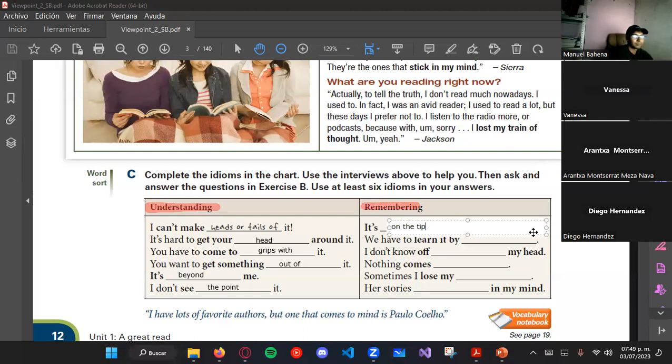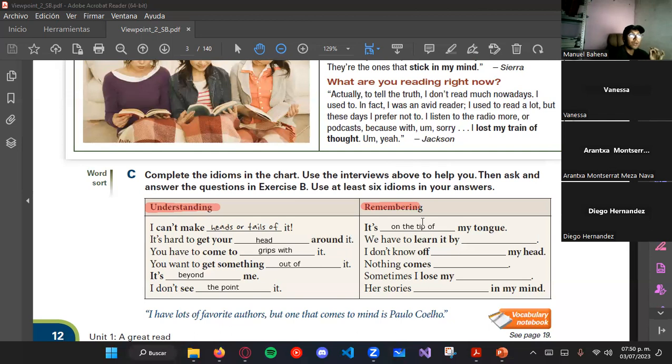Está en la punta de mi lengua, which means we want to say something, but we just can't remember it. We're ready to utter something, but we just can't remember it. Pero simplemente no lo podemos recordar. Y estamos listos para decirlo, pero no lo podemos recordar. That's why we say, it's on the tip of my tongue.